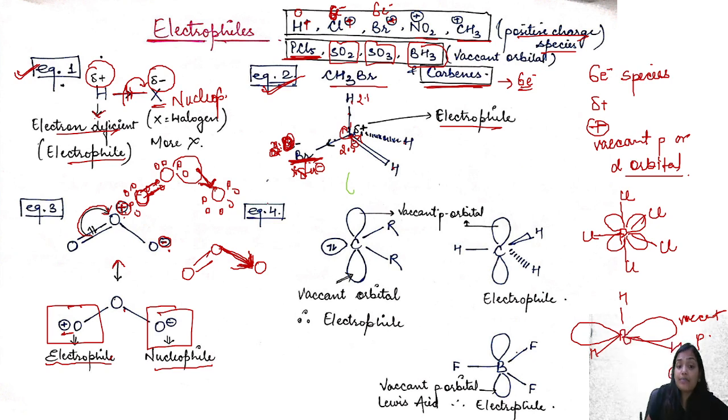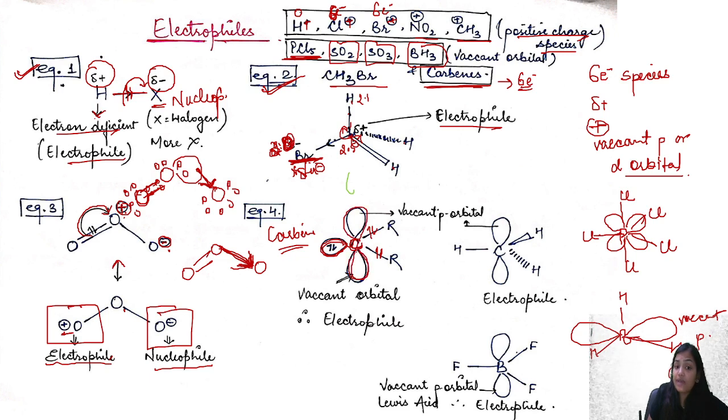Now example number 4 is the example of a carbene. Guys, you know that the structure of a carbene is something like this. Here the carbon has 6 electrons, and here we have a vacant orbital.